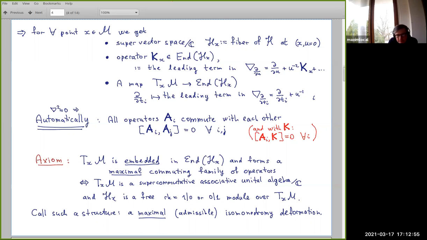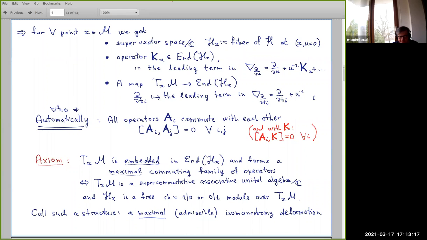Okay, so what does it mean? It means that this subspace in endomorphisms forms a supercommutative associative unital algebra. When you get a maximal family of operators, you have a unit, the commutative identity operator. It's closed, you can add products, and that's it.